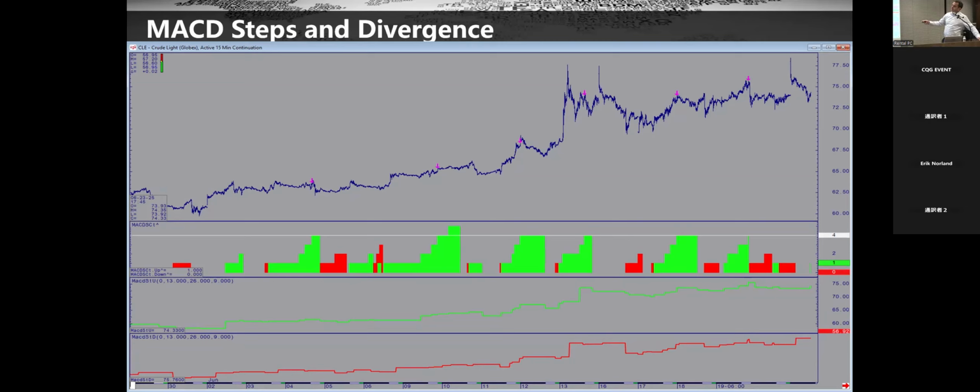So obviously sometimes it takes a little bit longer, but it tells us where we're at in our trend, especially here in the uptrend. So if a trader is in a position and wants to know potentially how far is too far, that's the sort of indicator that we can derive from the MACD step up and step down.